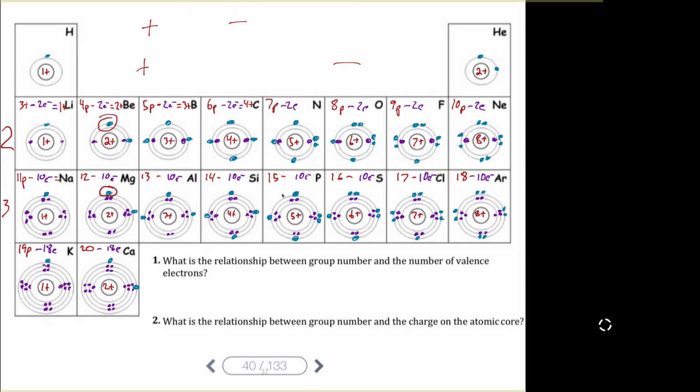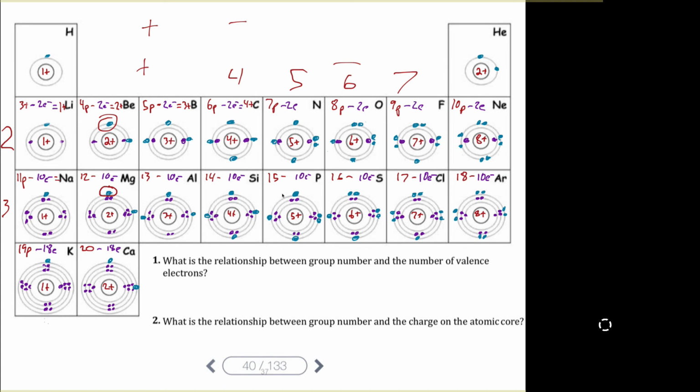What is the relationship between group number and number of valence electrons? The relationship between the group number and the number of valence electrons is the same. In fact, the effective nuclear charge, if you take a look, is the same as well. Notice how these have 4 valence electrons, these have 5, these have 6, these have 7, and notice how that happens to also equal the effective nuclear charge.